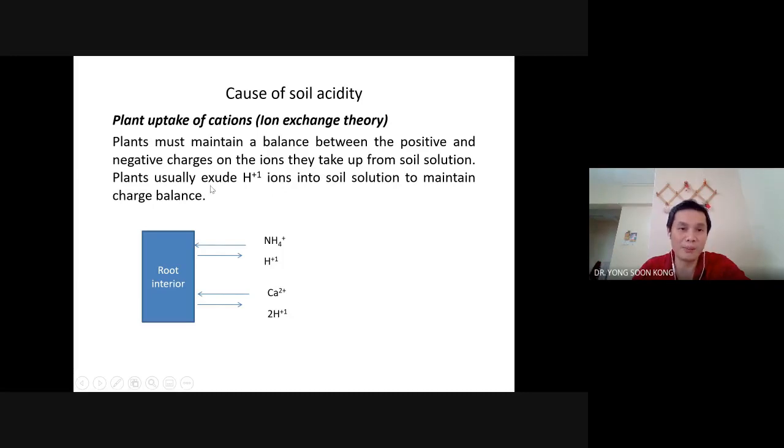By having extensive uptake of these alkaline cations, the soil naturally becomes acidic. Which is why if you go into the forest and you take some of the forest soil, it is naturally acidic. Yeah, this always happen in the forest lah. So don't think that the forests have pollution. It is natural because trees taken away all those alkaline cations.